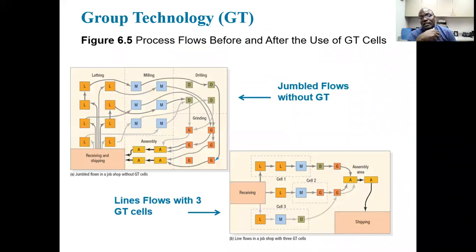What about if it is a whole entire plant with product coming in and then leaving at some point? How can we reduce the amount of motion? And Group Technology basically brings together all the different processes that need to be together, okay? And then processes that don't need to be together are relegated to a further part of the whole production process.